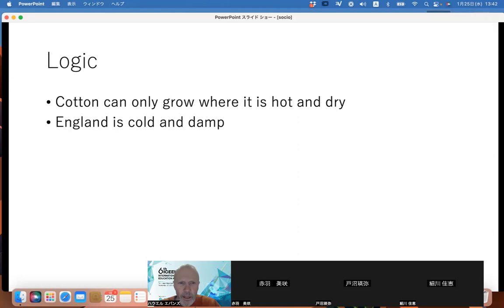Can cotton grow in England? What's the answer? The answer is cotton can't grow in England.